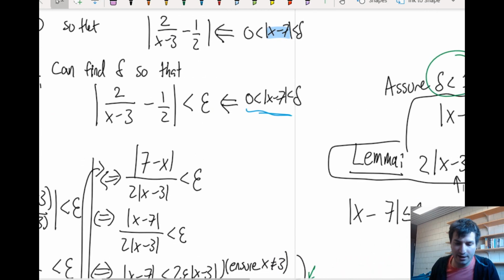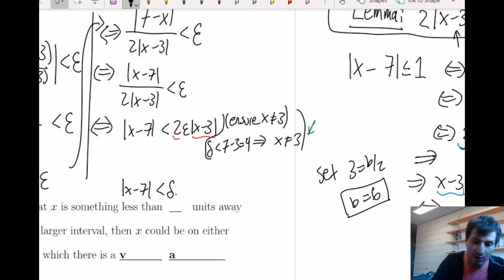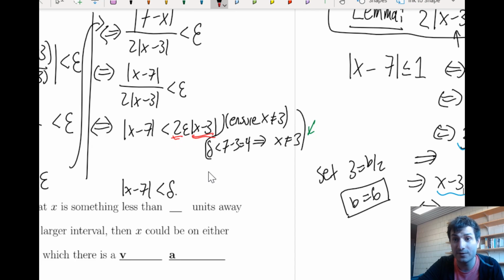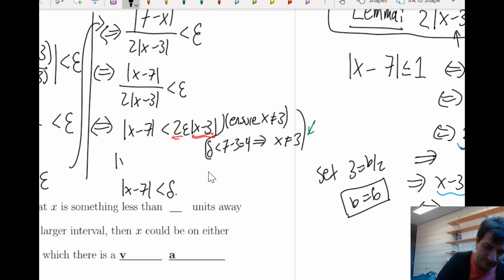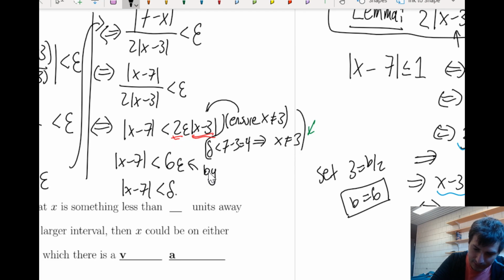So I'm going to go back to my proof now, and I'm going to do a right replacement rule, replacing 2 times |x minus 3| with 6. So |x minus 7| is going to be less than 6 epsilon, and this is by the right, this line, this implies, nope, not implies, backwards arrow.